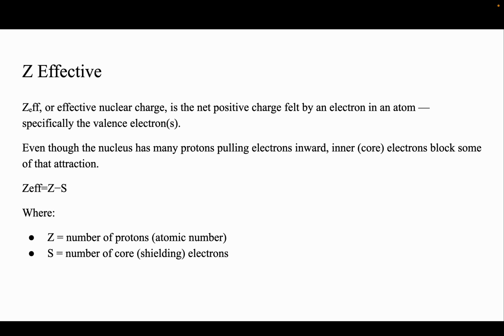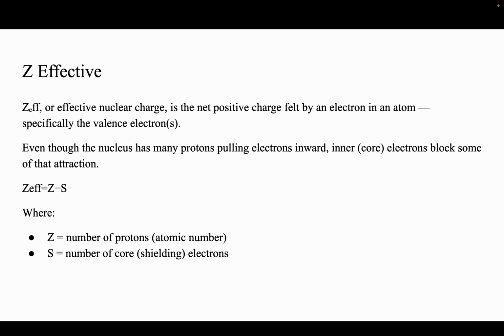Like we said, shielding is what blocks some of the attraction from the nucleus to the valence electrons. So the Z effective is going to be Z minus S, where Z is the number of protons and S is the number of core shielding electrons. That's how we calculate Z effective, and make sure you understand what it exactly means.